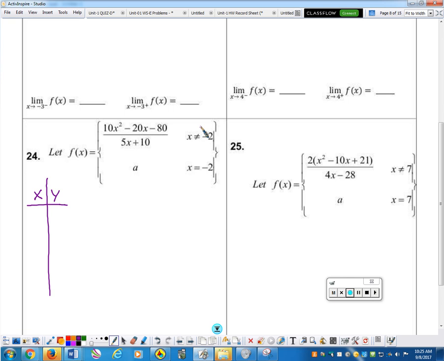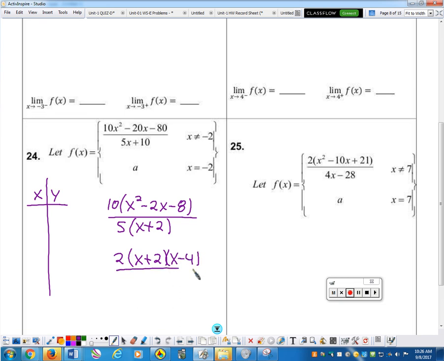What we're going to find though, let's factor this. So pull out a 10. Let's see, that'd be x squared minus 2x minus 8. Pull out a 5. That'd be x plus 2. Those divide to make 2. Factor the top again. Anyone have trouble with factoring?